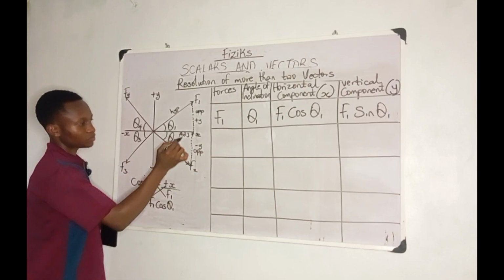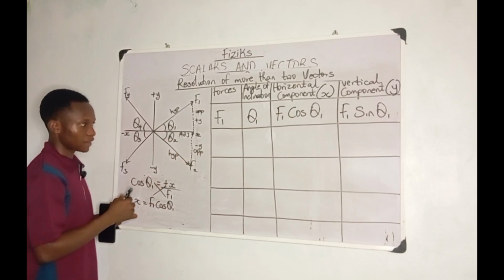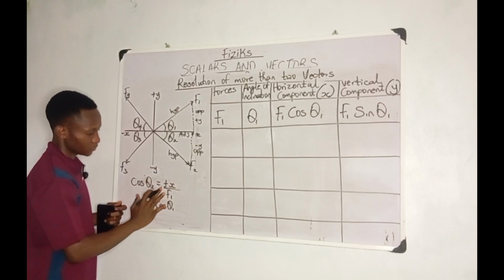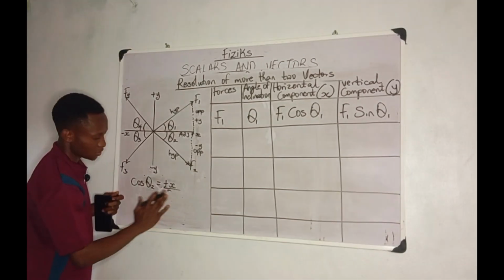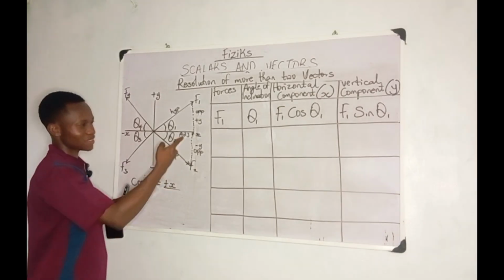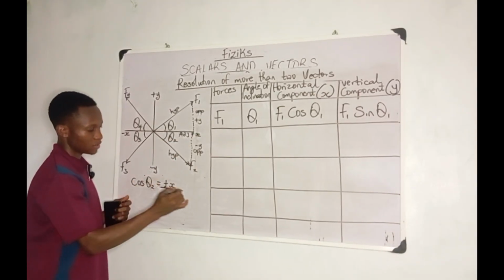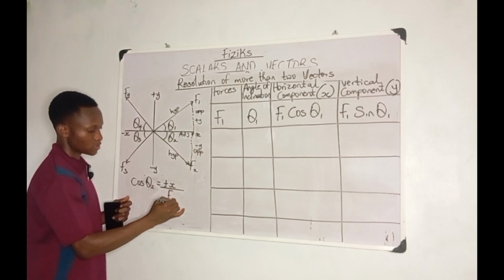So we have, this is your hypotenuse. If I want to get it, I can say cos theta 2 is equal to, let me look for the horizontal. In this, we're using f2. So cos theta 2 is meant to be adjacent. Look at it, positive x is already there. Over, what's your hypotenuse? Hypotenuse is f2. So you put f2.